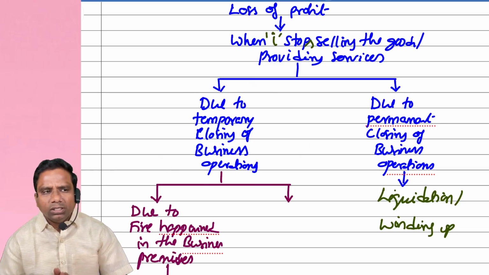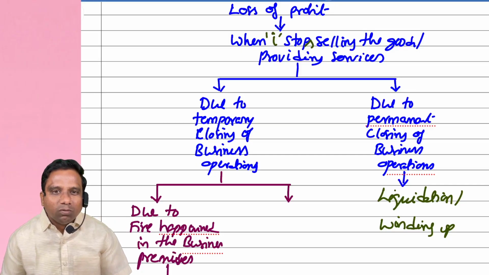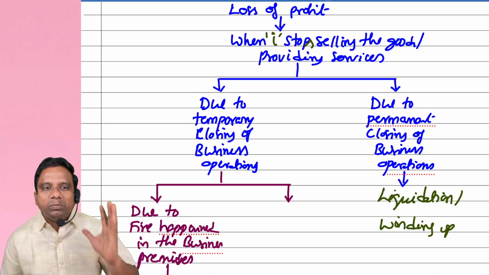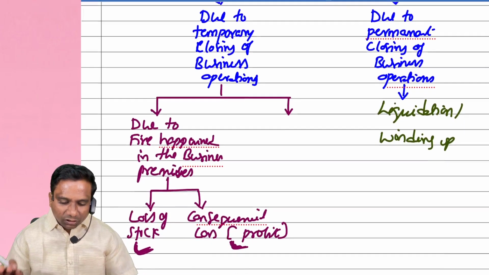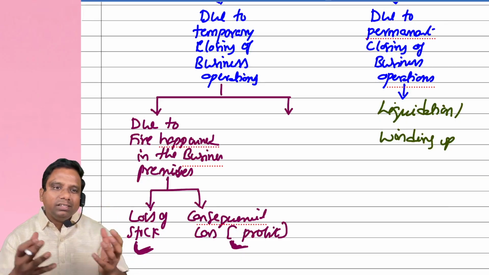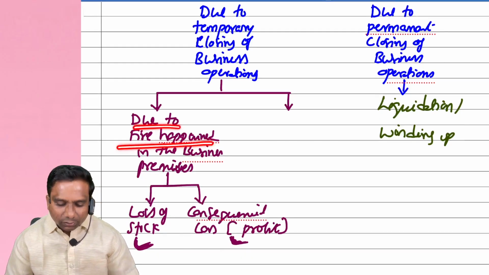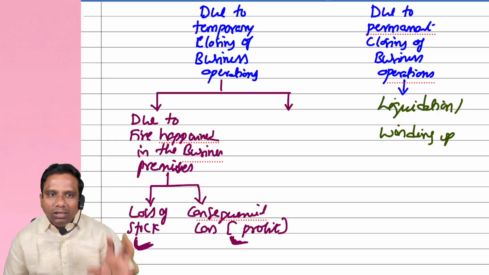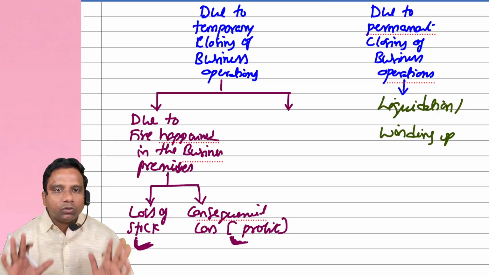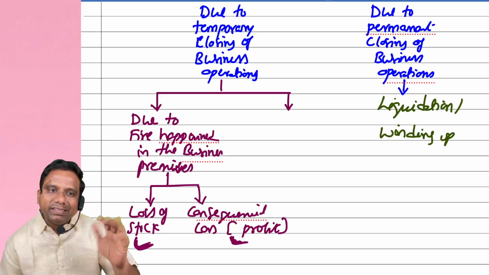Now the question comes, sir, why should I temporarily close my business operation? Suppose wherever I am doing business, generally in a shop, in a building, due to a fire accident the building is destroyed.